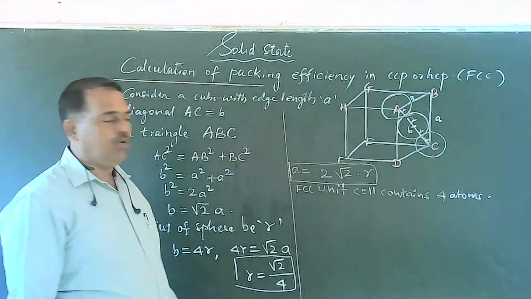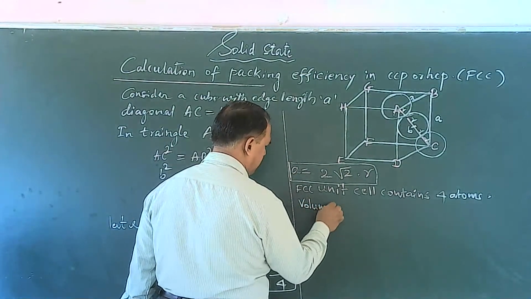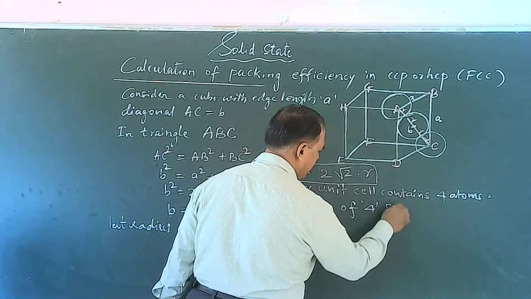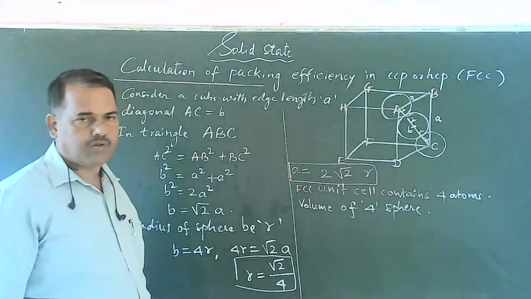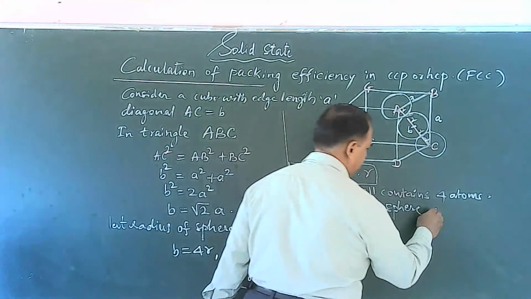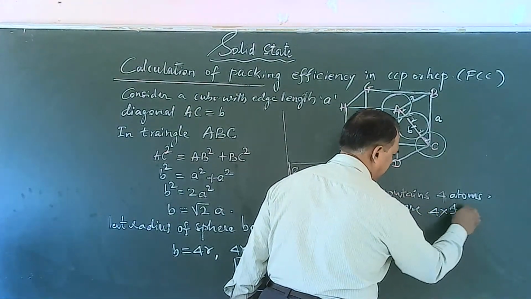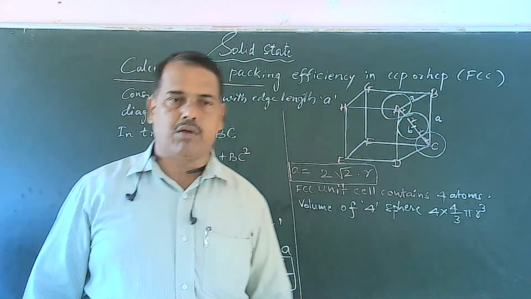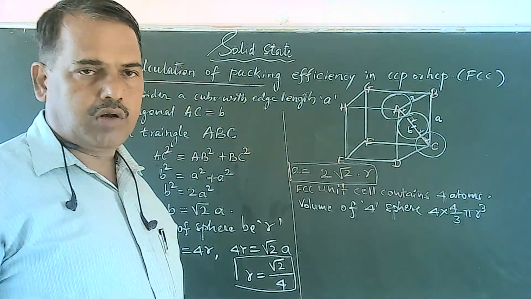So therefore volume of 4 spheres. What is the value of 4 spheres? It is nothing but 4 into 4 by 3 pi r cube. The volume of the sphere is given by the formula 4 by 3 pi r cube. Are you clear?